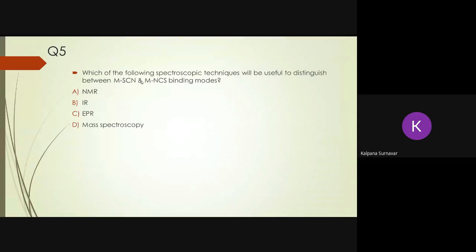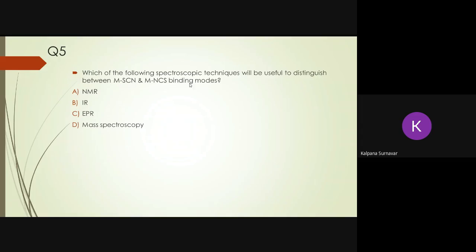Question number 5 is based on infrared spectroscopy. The question is, which of the following spectroscopic techniques will be useful to distinguish between M-SCN and M-NCS binding modes? See, here M means metal and SCN is the ligand.